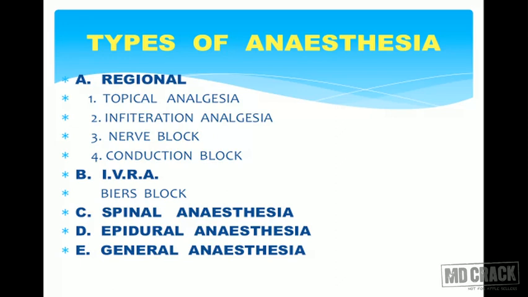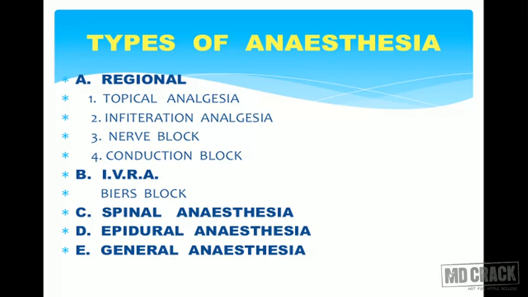The second type of anesthesia is IV regional anesthesia or Bier's block. This is a very interesting form of anesthesia because normally local anesthetic solutions cannot be given intravenously. But in this form of block, you inject the local anesthetic drug intravenously and achieve block of a whole arm. This type of anesthesia is called intravenous regional anesthesia.